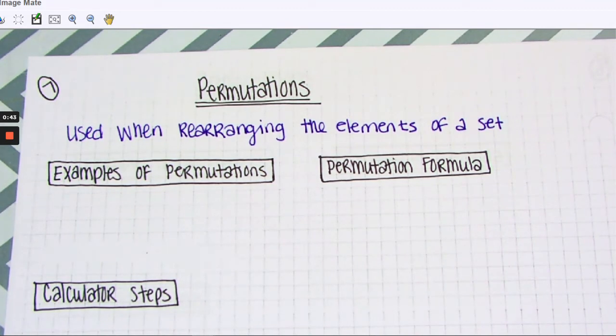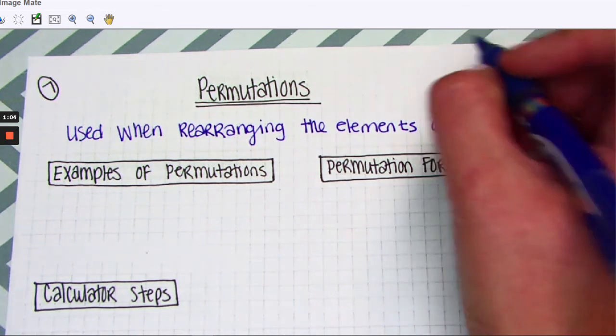Those could be people in competition for something. It could be numbers for a code. It could be a batting order if you're playing baseball. So permutations are sets of numbers where the order in which I pick those numbers matters.